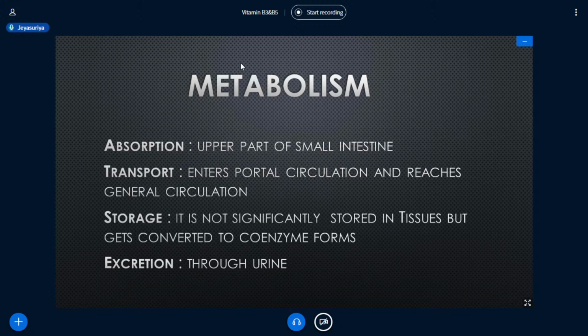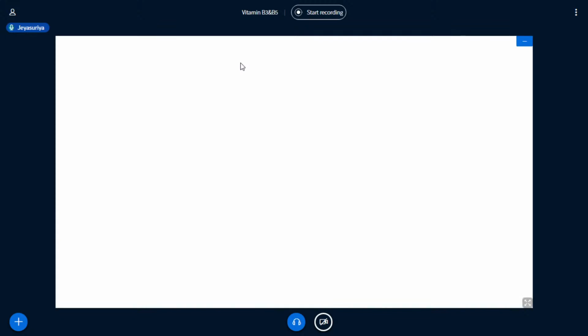Actually, NAD and NADP, also called nicotinamide adenine dinucleotide and nicotinamide adenine dinucleotide phosphate, are the coenzyme forms of this vitamin B3.